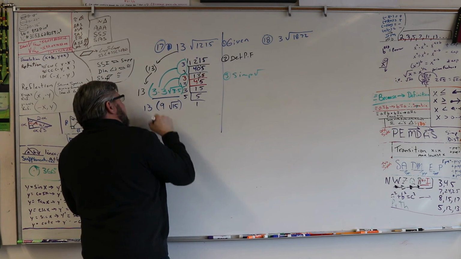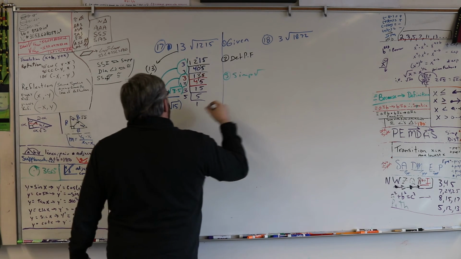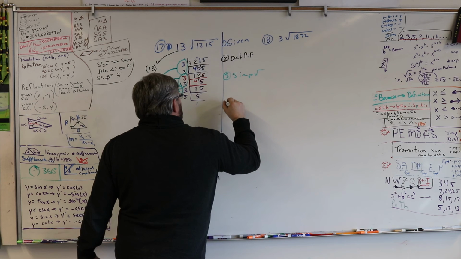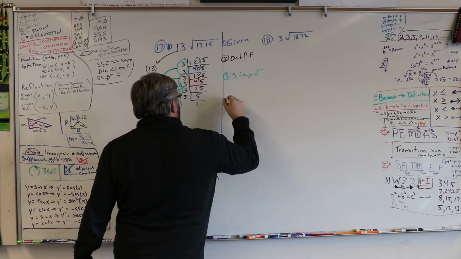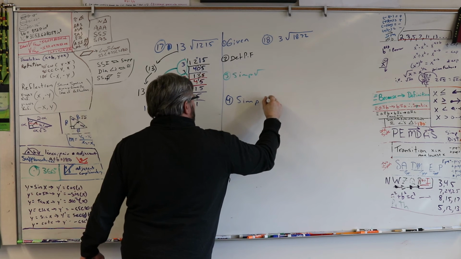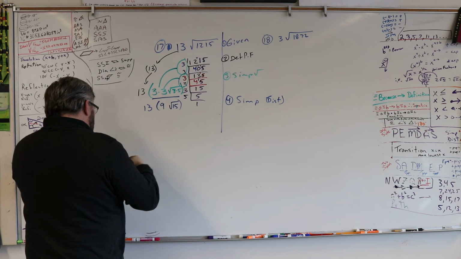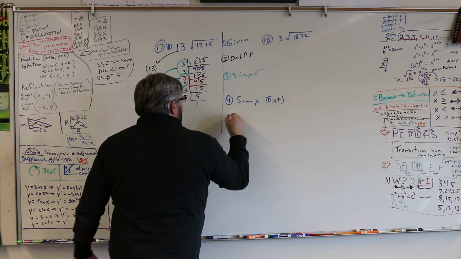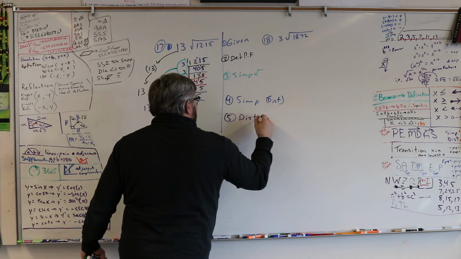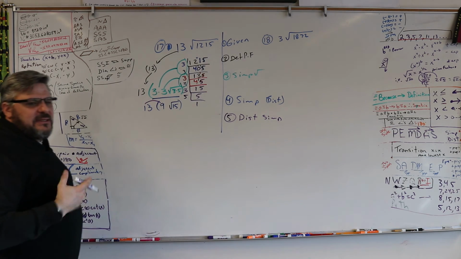And so that's 13 times 9 square roots of 15. So right there, all I did is simplify, or this one's more simplify than it is distribution. And the next one is more distribution than it is simplification. Okay? Because we're actually going to be multiplying this in.